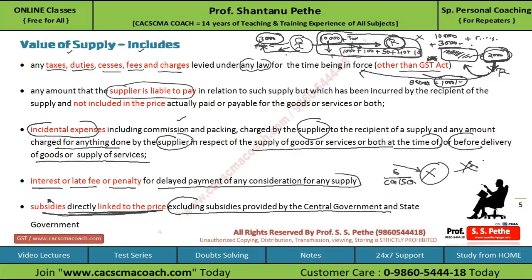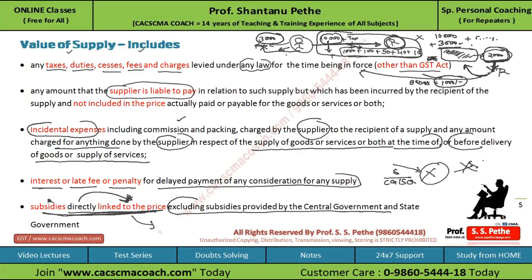But apart from this, if the supplier receives any other subsidy which is directly linked to the price of the supply, or you can say the price of the goods, then it will be included in the value of supply.